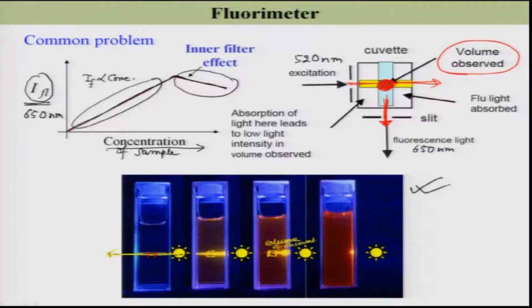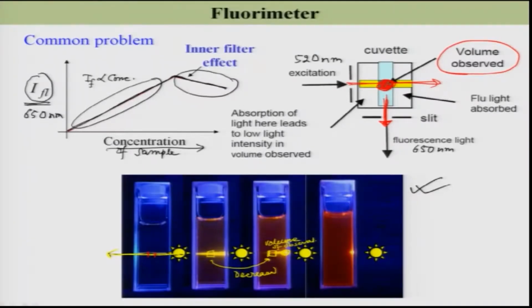From here to here it increased because the number of molecules increased, but from here to here it decreased, because the excitation light intensity is not that strong that it overcomes and comes till this position to excite the molecules.